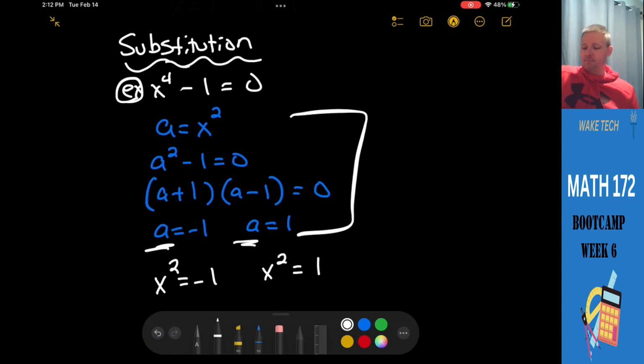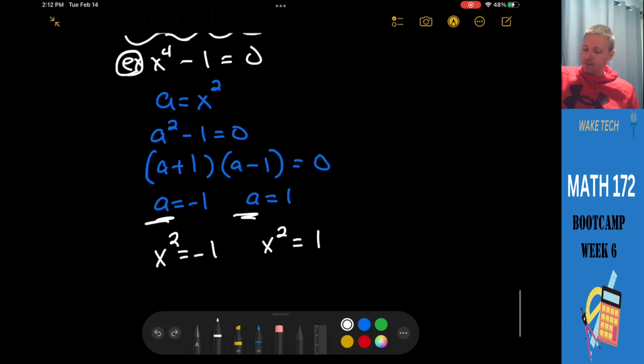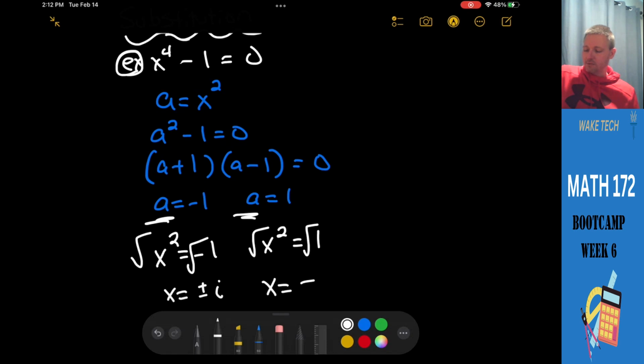So I've done all this work in blue to emphasize that it's not what we're trying to solve, it's just part of the process. What's in white is what we need to solve. So x squared equals -1. We can square root both sides to get x equals plus or minus i. x squared equals 1. We can square root everything to get x equals plus or minus 1.